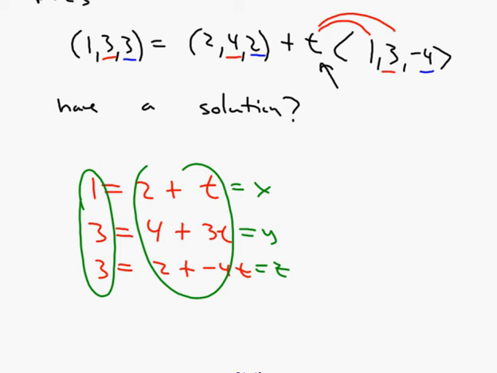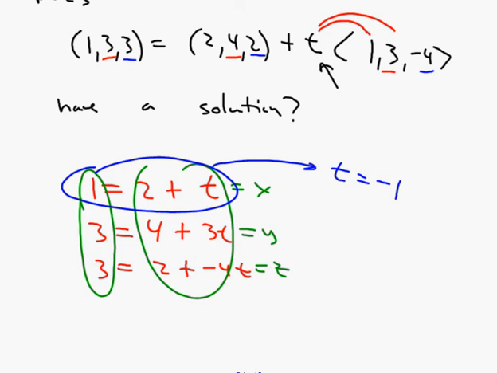All right, so it's up to you how you want to start. We could simply take the first equation and solve for t. That tells us t has to equal negative 1. That's the only way that first equation is going to be satisfied. So now we've got to hope that t equals negative 1 works in the other equations. Well, let's try the second equation.